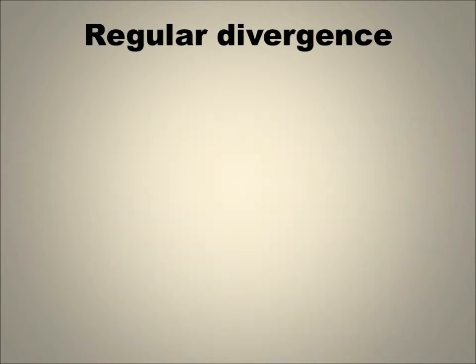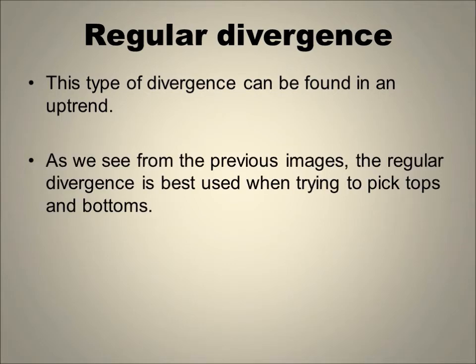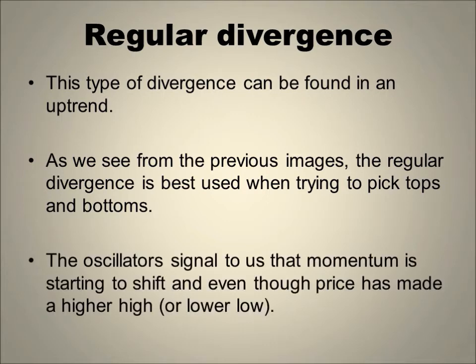So here's what we need to know about regular divergence. It could be found in an uptrend. And as we see from the previous images, regular divergence is best used when we're picking tops and bottoms. So if we're going to trade on divergences, we should focus on the tops or the bottoms, depending on which trend we're looking at.